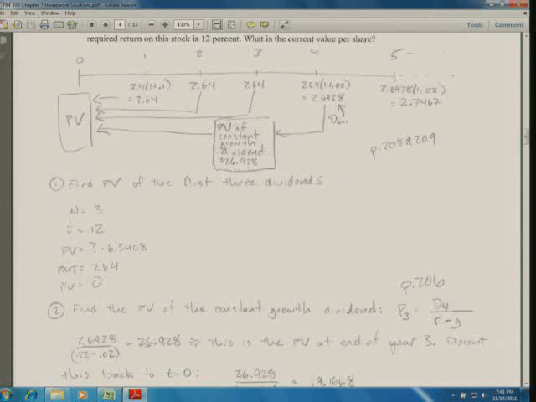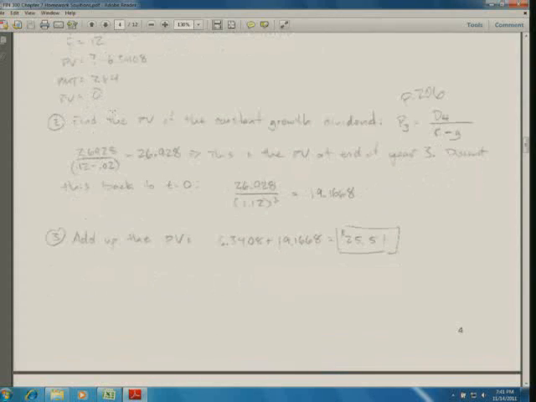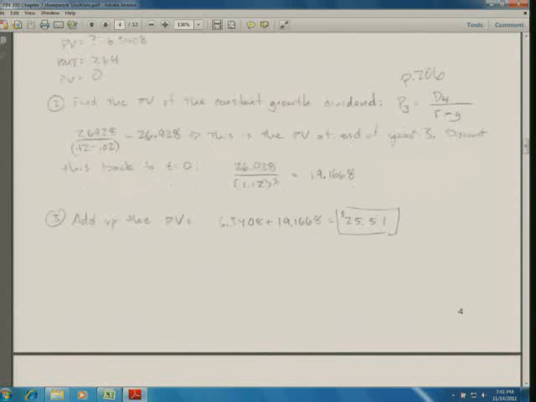Now we have to take this number, this 26.928, and again discount it back to time period 0 in order to be able to add it to the other present value that we found here. So everything's at time period 0. We're adding apples and apples. Okay, so the next step is to discount that 26.928 by 3 periods. We're just going to take it back 3 periods.